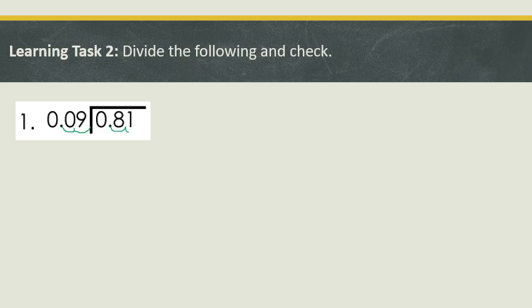So 1, 2. Magdadagdag po ba tayo ng 0? Hindi na. Parehong nasa dulo yung decimal point, so magiging 81 divided by 9. And 81 divided by 9 is 9. 9 times 9 is 81. 81 minus 81 is 0. So ang answer natin dito is 9.